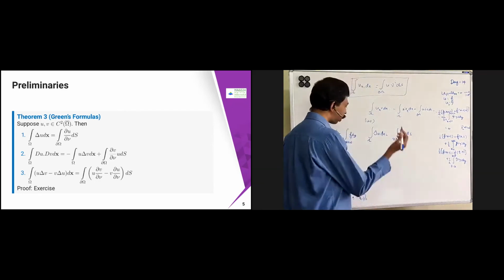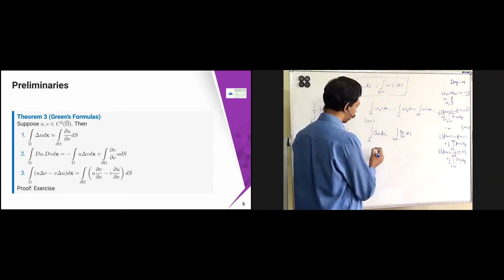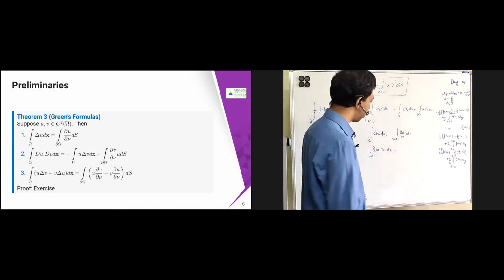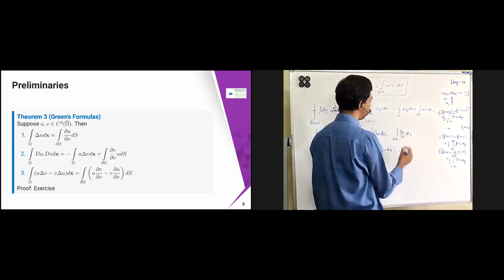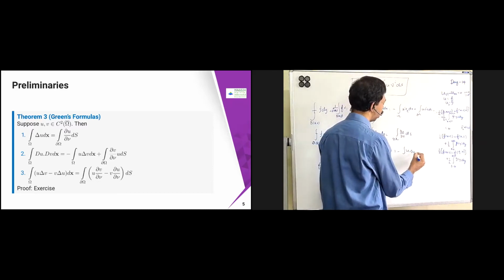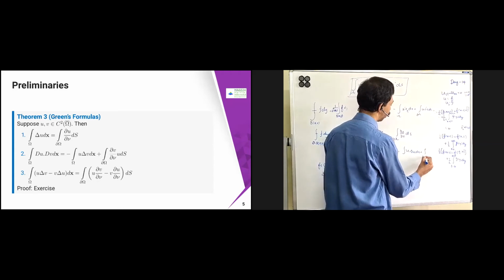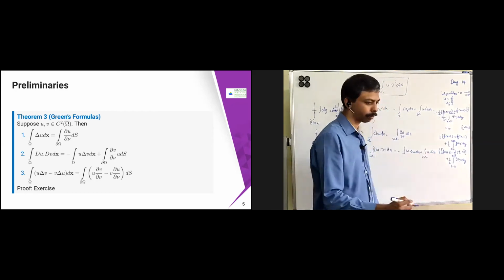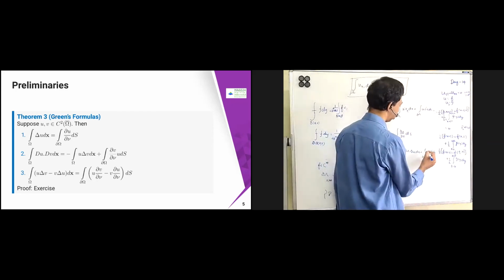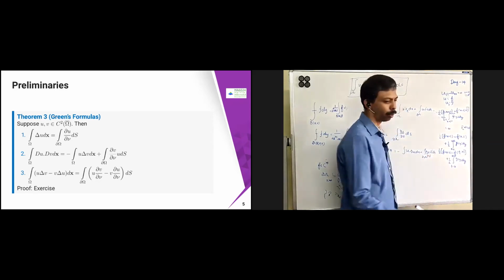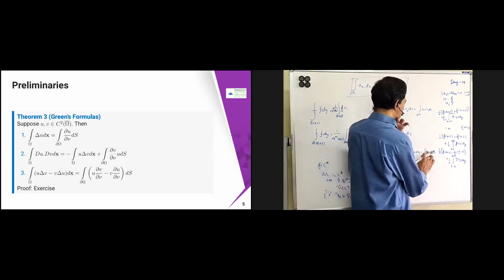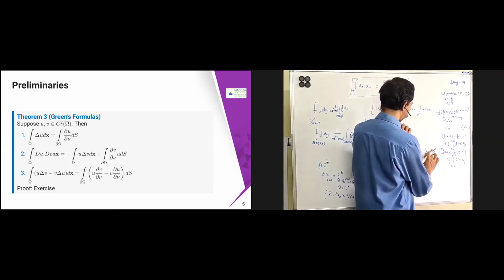Another thing: the integral of du dot dv dx over omega is going to become, once again, if you use this one, you will get the integral of u del u dx plus the integral over the boundary of omega of dou u by dou nu into v ds. Sorry, dou v by dou nu into u will come.